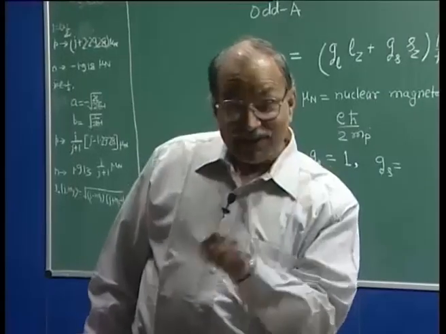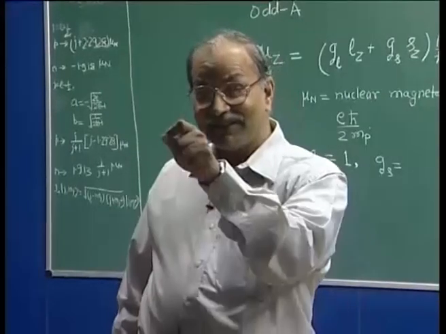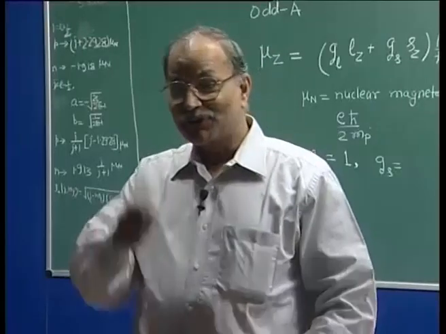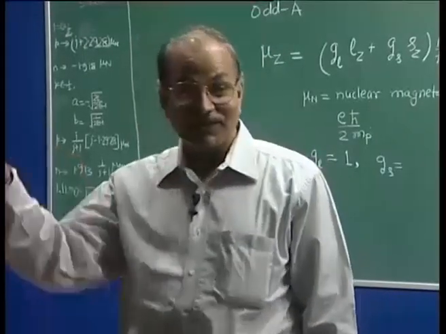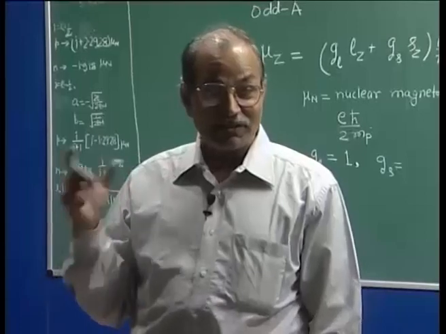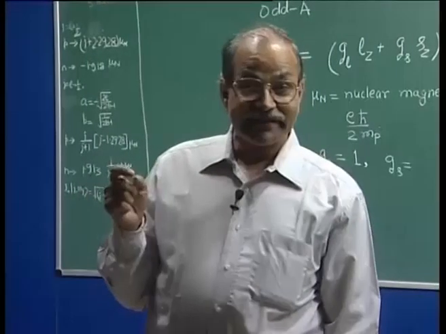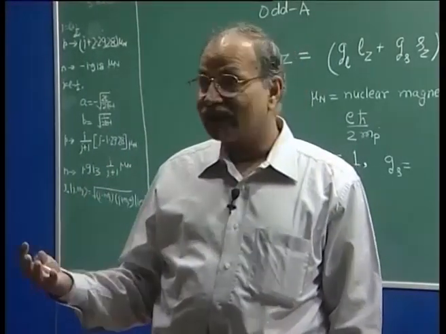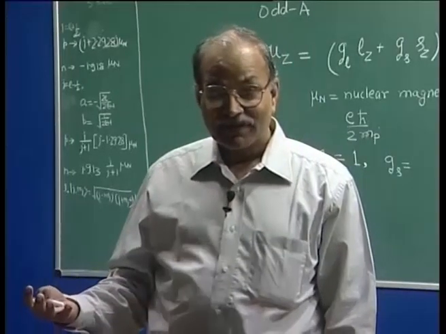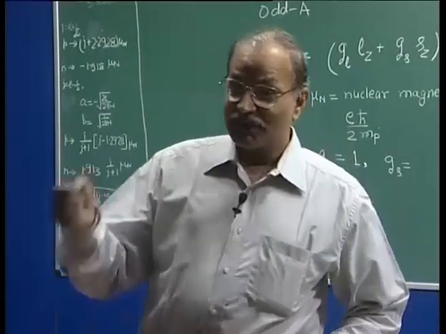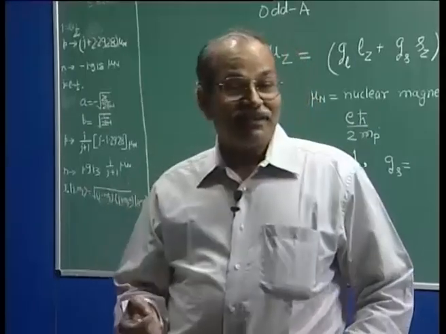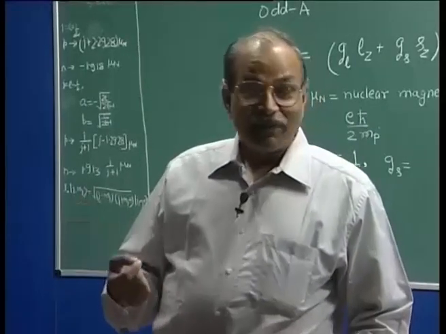You have 3 quarks, 2 by 3, 2 by 3, minus 1 by 3. Yes. The neutron also has charge inside; the total charge on the neutron is 0, but it is not correct to say that there is no charge in the neutron. The total charge is 0, but you still have that minus 1 by 3, minus 1 by 3 and 2 by 3.